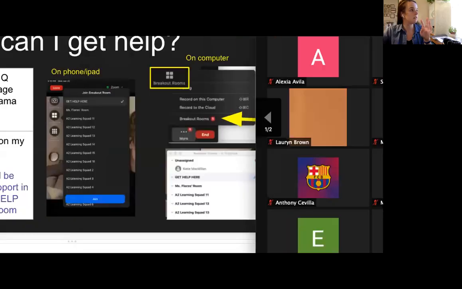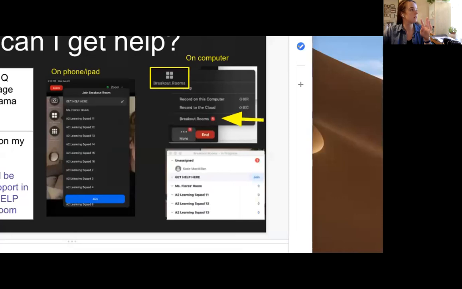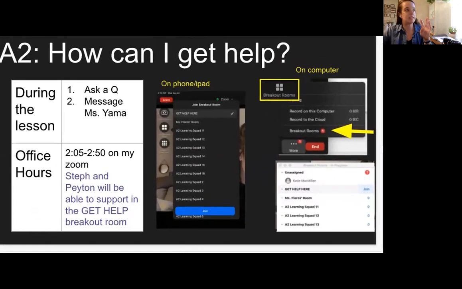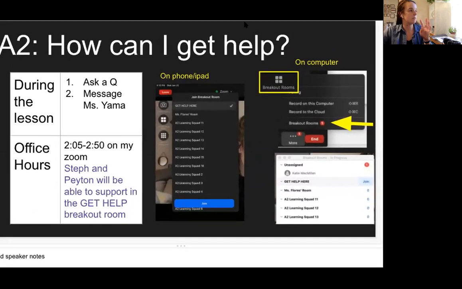Let me stop sharing and then let me share my screen again. Something looks like this, but you're gonna see something that looks like this, right? When you click on that breakout rooms, it brings up like a little window. And then if you want to go to a certain place, you click on the number next to it, right? So if you wanna go to get help from Stephanie, if you wanna check in with her and do the assignment with her, you can go to her room right here.